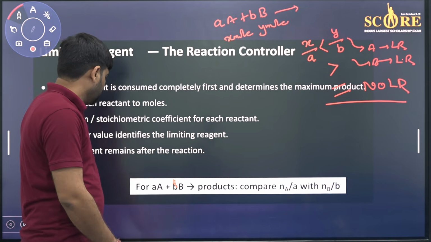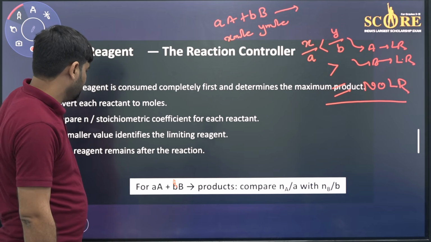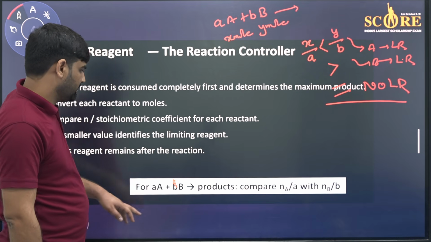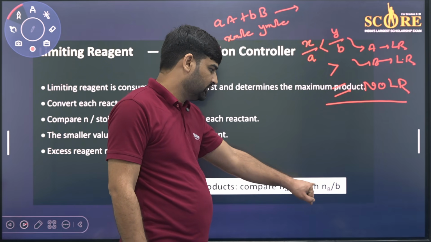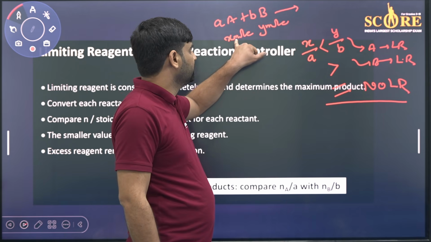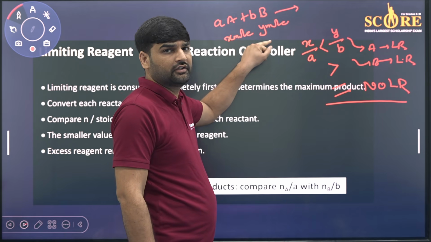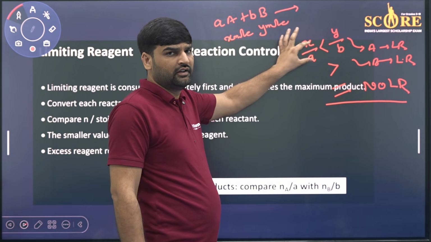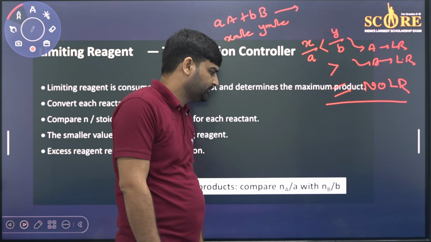So in this slide, whatever I told you is written: moles of A divided by a, moles of B divided by b, and we have to compare. If moles divided by stoichiometric coefficient, for each, which value will be lesser? The corresponding reagent will be the LR.